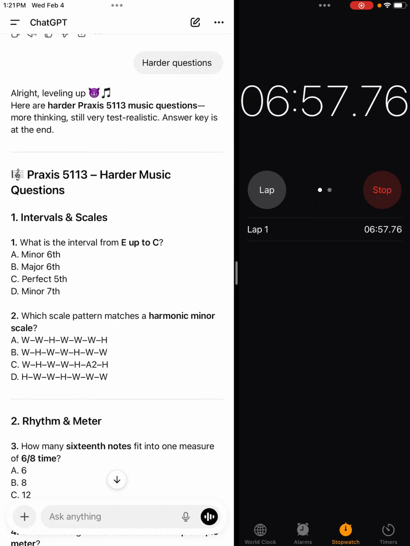Major meaning one of them has to be minor 6th.